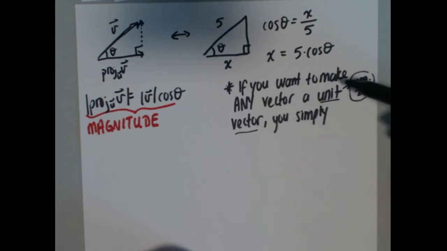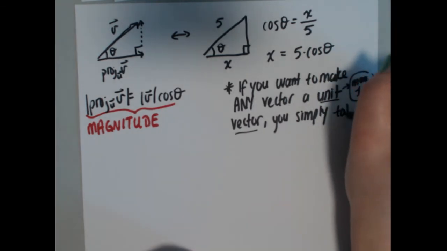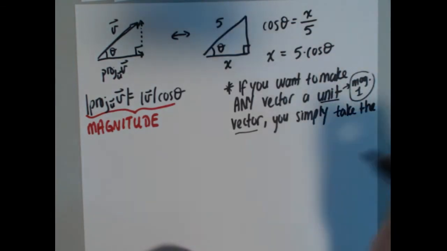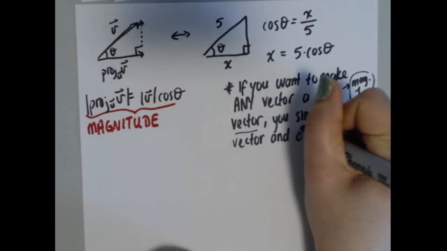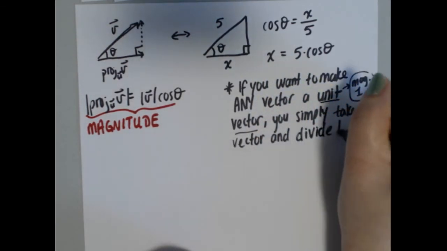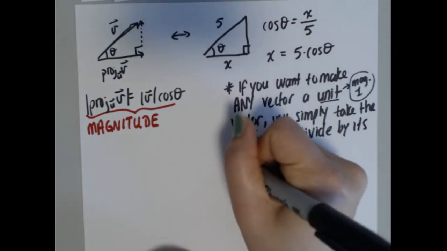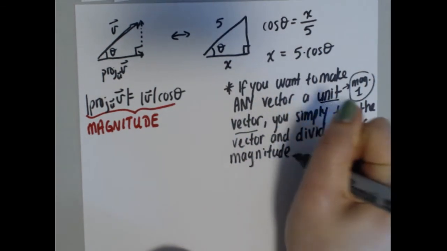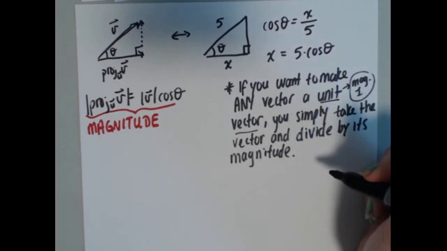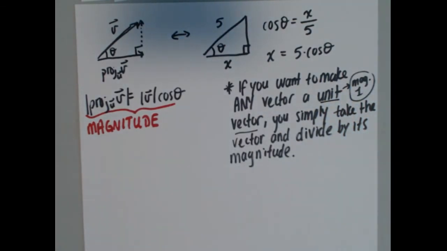If you want to make any vector a unit vector, you simply take the vector and divide by its magnitude. That's it. So this new vector will have magnitude 1, but it will be going in the same direction as whatever it was originally going in.